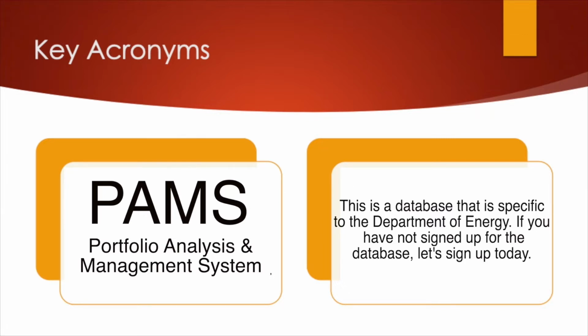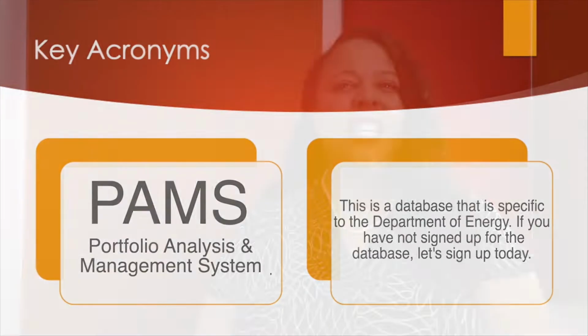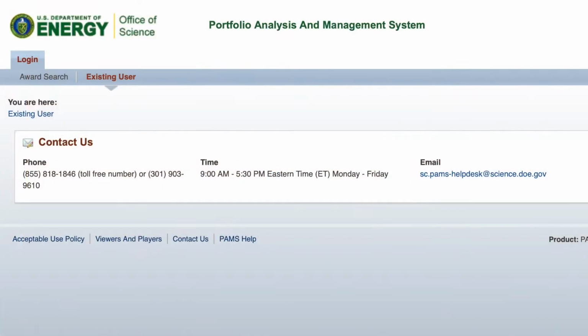If you have not signed up for this database, please sign up for it now. PAMS is the database that you are going to use to submit your letter of intent. If you have any problems accessing PAMS, please call their technical assistance. Technical assistance at PAMS is really good, and they are there to help you.